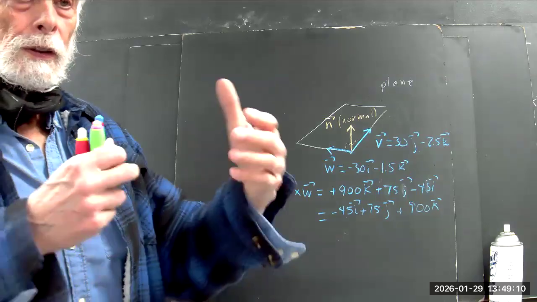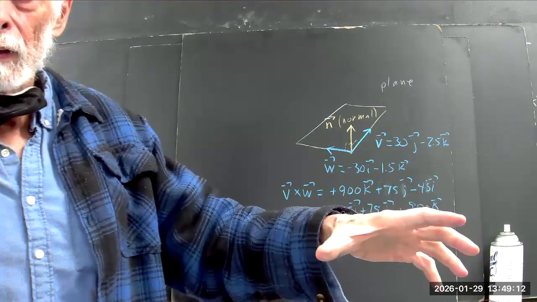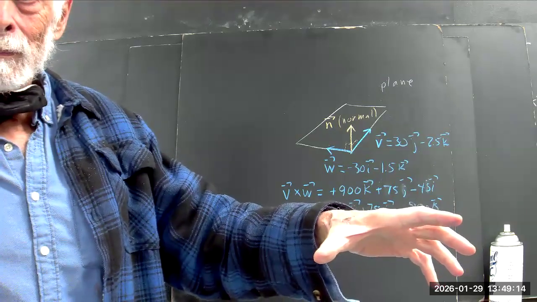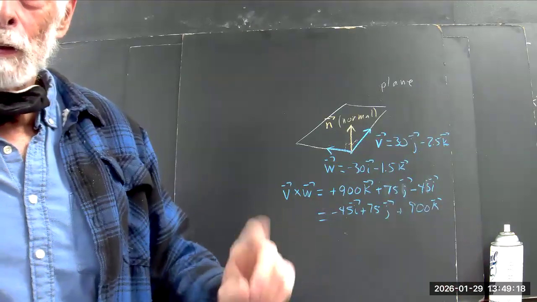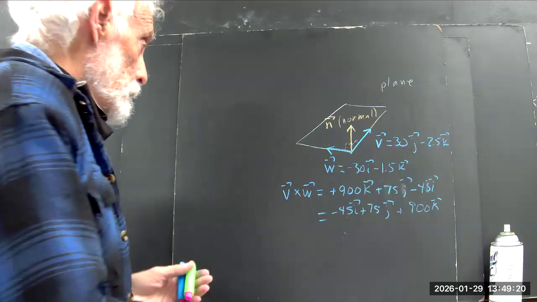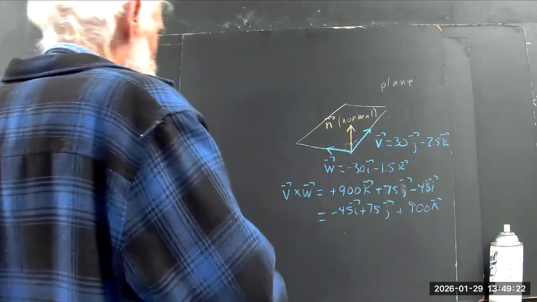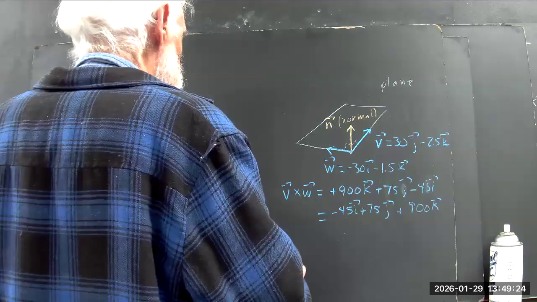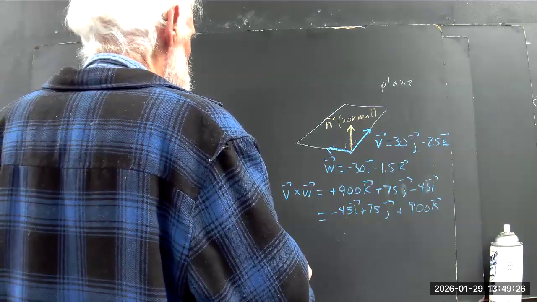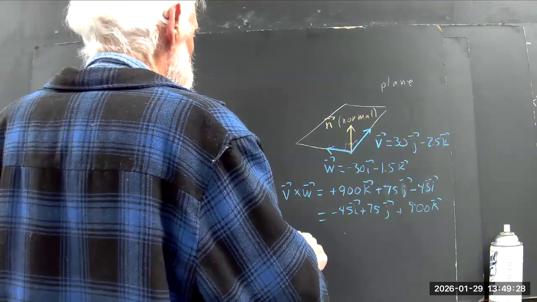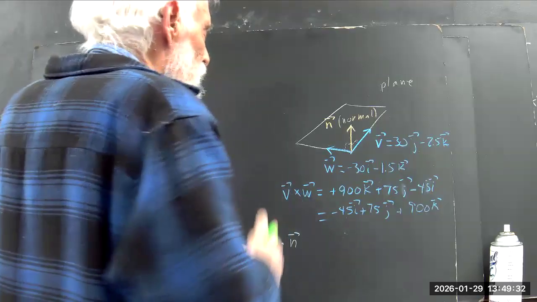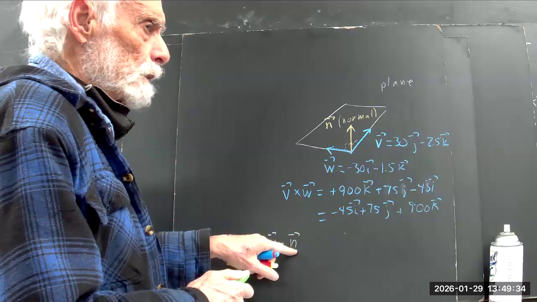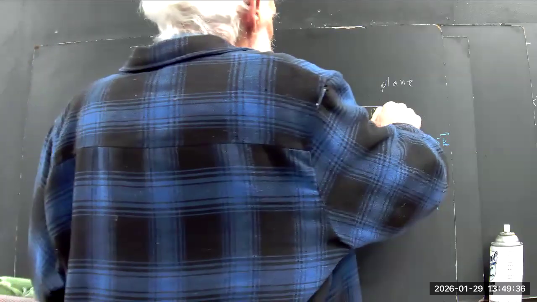This is the magnitude of this times the magnitude of that times the cosine of the angle. The cosine of the angle is zero if and only if two vectors are perpendicular. I'm going to use n for the normal. A lot of times lowercase n means unit normal. This depends on the author.